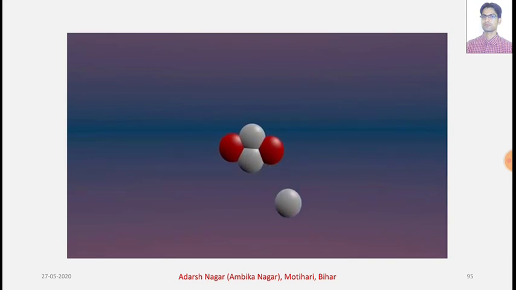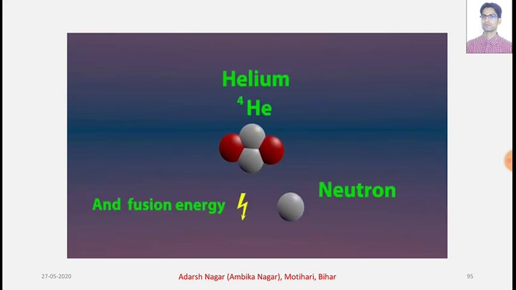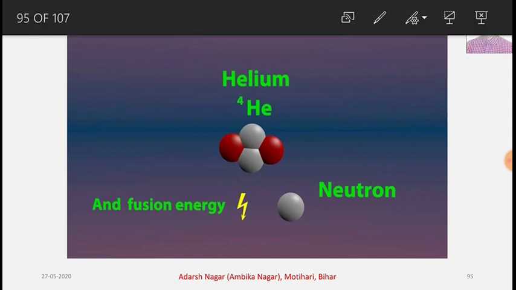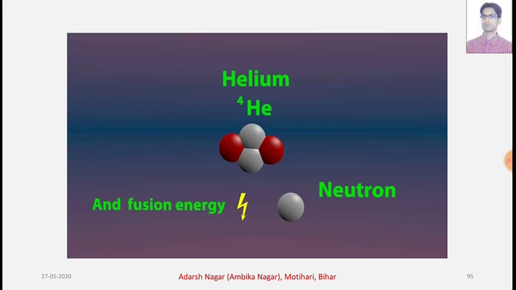They combine to form helium, and fusion reaction takes place. You can see in this video how they combine and the fusion reaction takes place, and when it takes place, lots of fusion energy is produced.